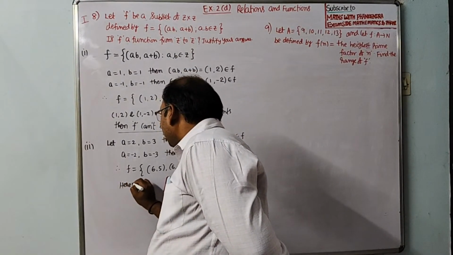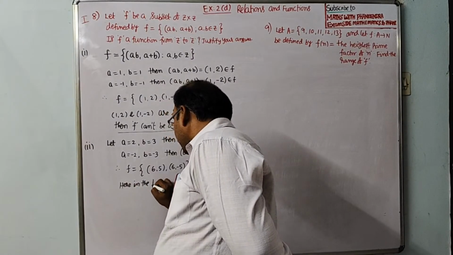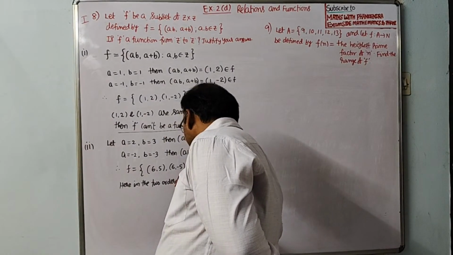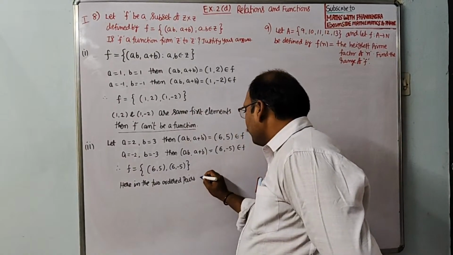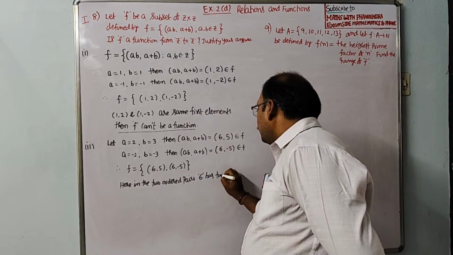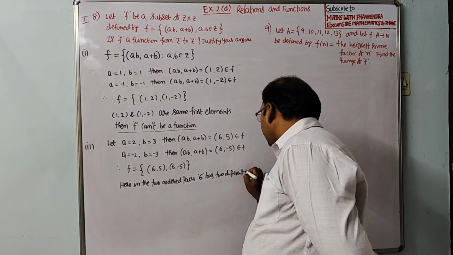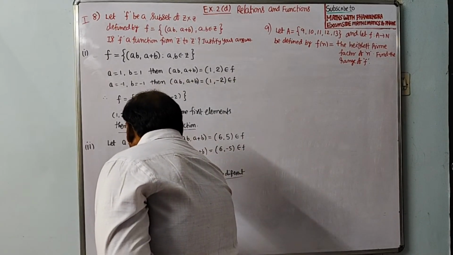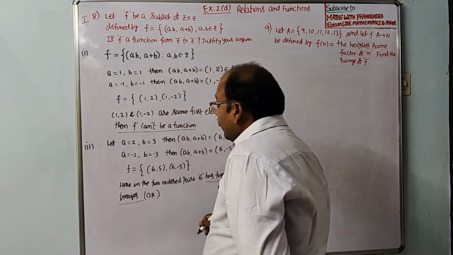Here, in the two ordered pairs, 6 has two different images. Or what we can write?